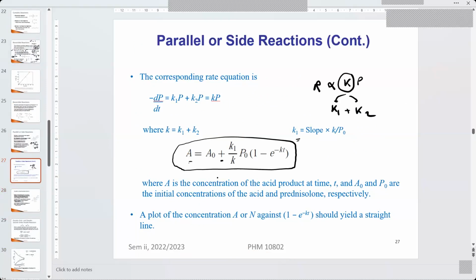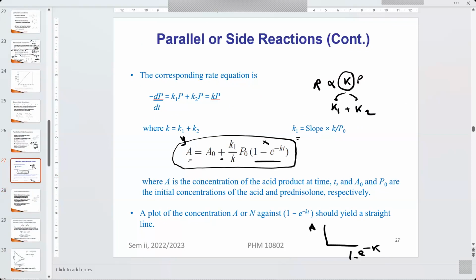A plot of concentration A or N against, so here this is the X and this is the Y. So when you plot A or N versus 1 minus e to the power kt, then A concentration, of course, should increase with time, then it will give a straight line.